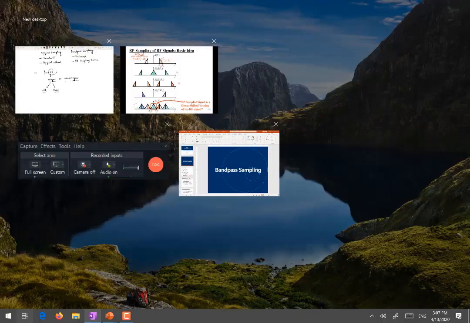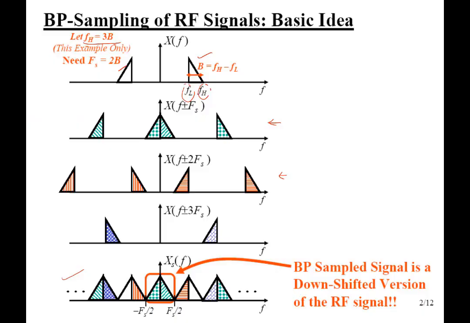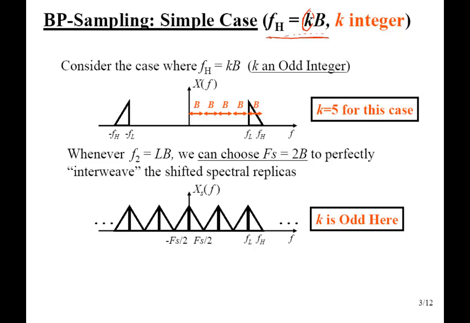So if that K is an odd integer, what will happen? You see, this is an example where FH is now 5 times B. So K is equal to 5 in this particular case, 5 times the bandwidth. Again, we can choose Fs equal to 2B, 2 times the bandwidth.